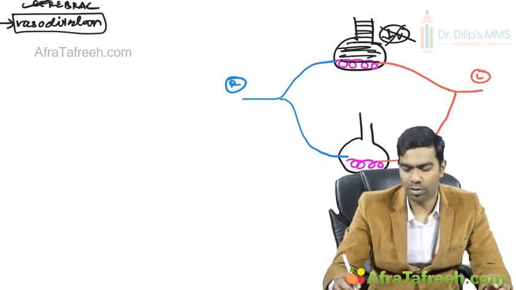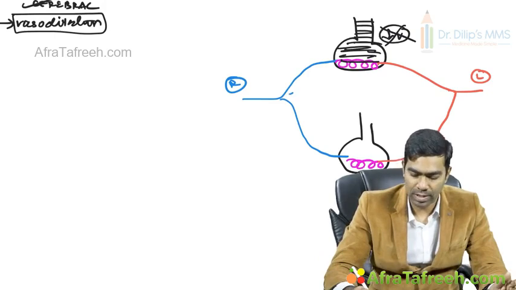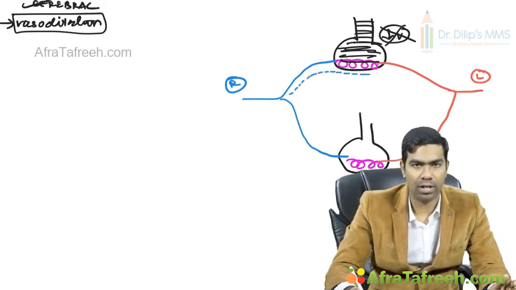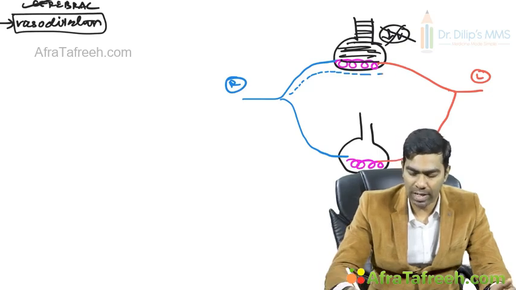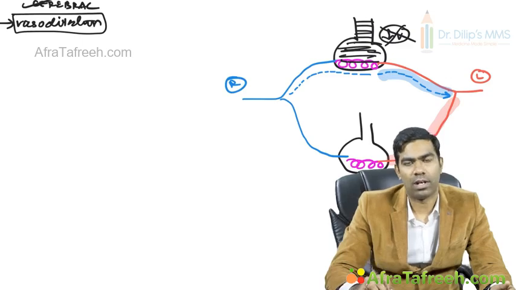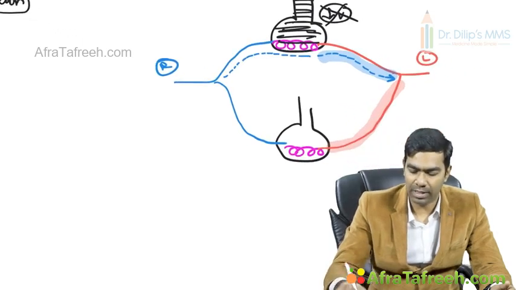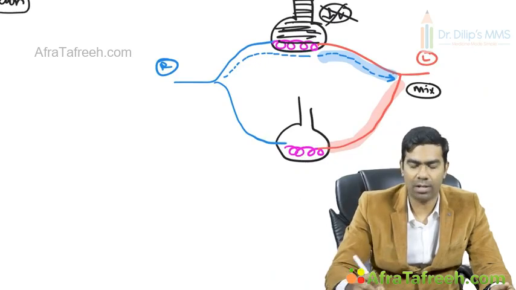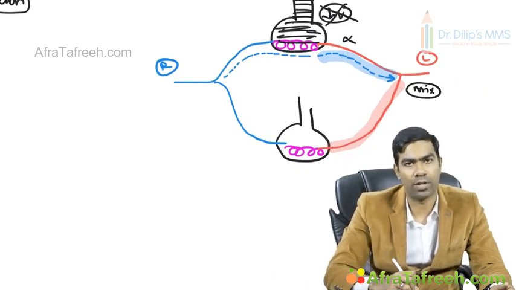Which means, if you don't do anything, this deoxygenated blood will travel through the alveolus, and if nothing happens, it will travel to the other side and mix with this oxygenated blood. This oxygenated and deoxygenated blood will mix because here there is no ventilation going on.